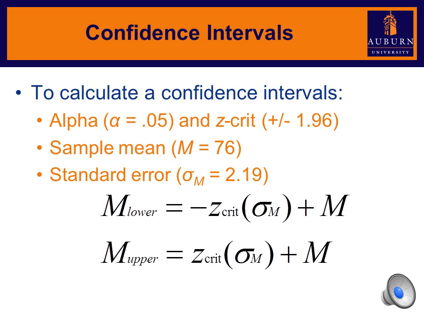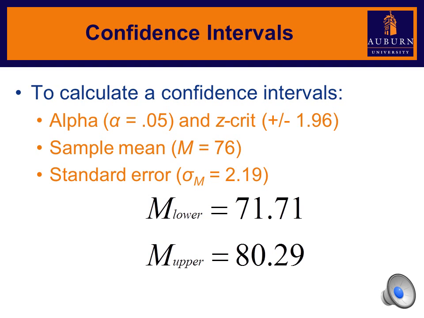So if we were to put in the numbers for the lower bound, so M sub lower, we would say it equals negative 1.96 times 2.19 plus 76. The upper bound of our interval would be 1.96 times 2.19 plus 76. And then we can calculate our range for our confidence interval.